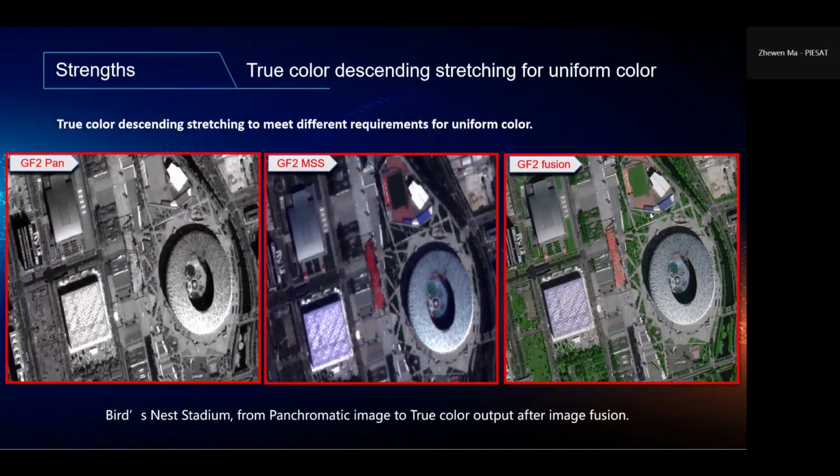Up next, we have three key technologies that form the automatic color tuning product line that allows users to do so. The first is the true color de-stretching strategy, which can meet different requirements for color uniformity.